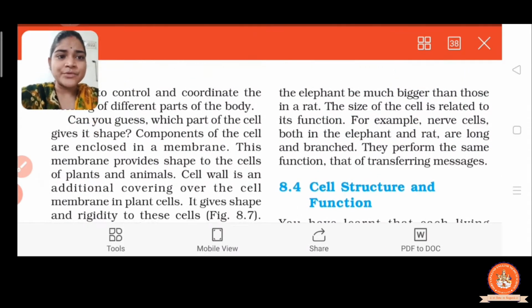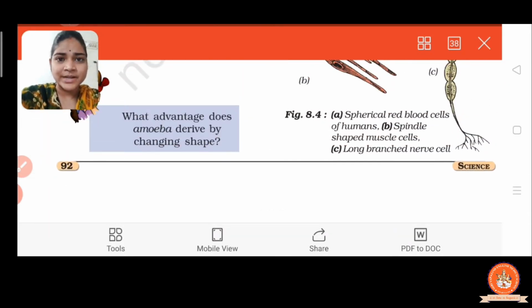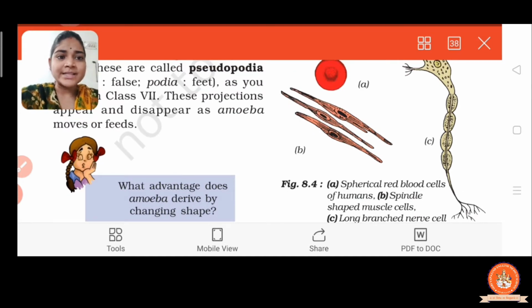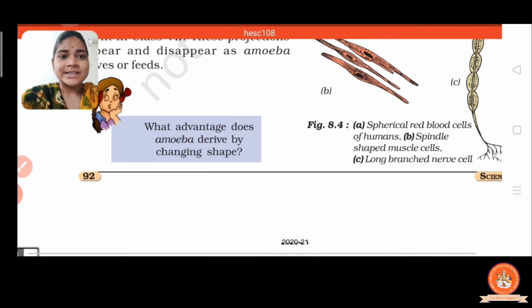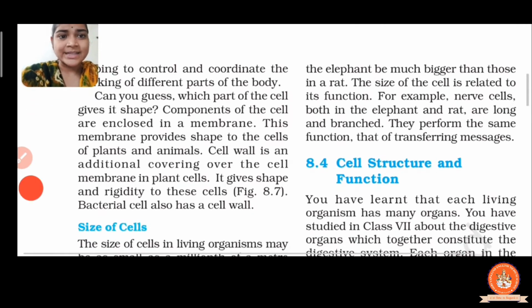Now the shapes of the cell: the spherical red blood cell, spindle shape cells and the long branched nerve cell. So these are the different shapes of cells.